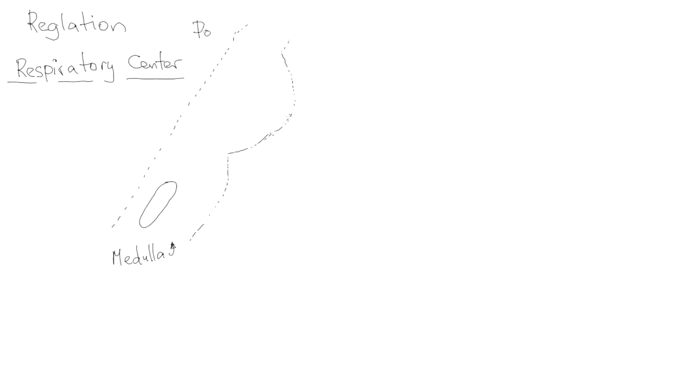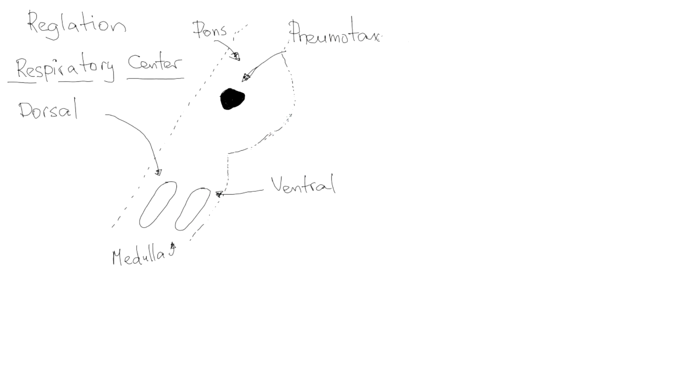The whole respiration process is controlled through a couple of mechanisms. First, we have the respiratory center located in the medulla and pons. There are three main neural bundles: dorsal, ventral, and pneumotaxic. The dorsal group is one of the most important.